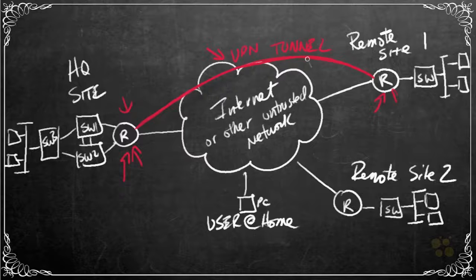And this VPN tunnel is sometimes referred to as an SA, an acronym for a security association between this router on the left and this router on the right. And this type of relationship between these two routers, where they both agree to take traffic between these two sites and encrypt it and ship it to each other, is referred to as a site-to-site tunnel or a site-to-site VPN.